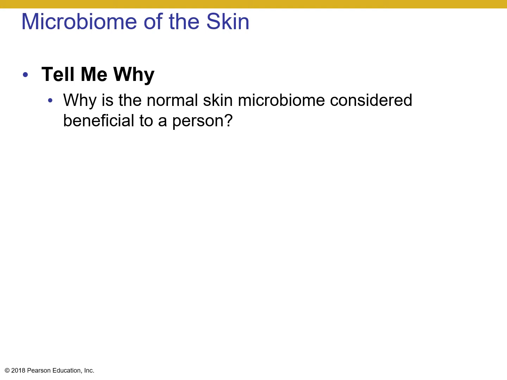So take time and answer this question. Why is the normal skin microbiome considered beneficial to a person? Once again, think about the immunologic implications. Think about the chemical implications. Take a minute to answer this question. Had enough time? Okay.